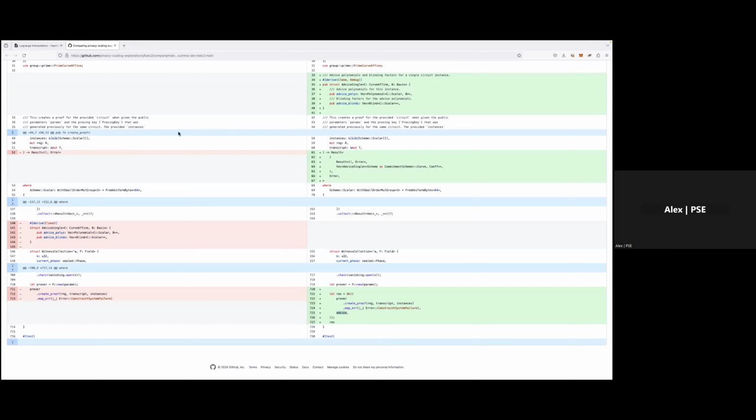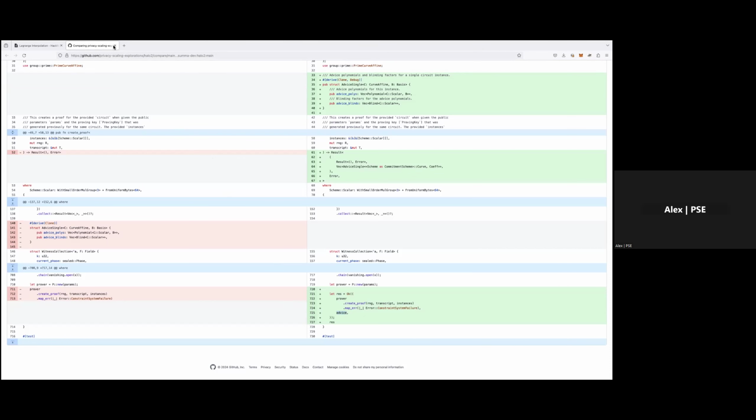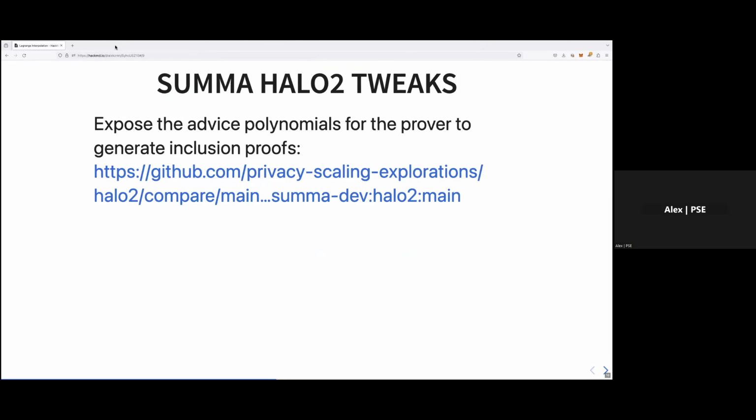So this was the only modification we had to make to Halo2. And then when the prover has the advice polynomials at hand, the prover can generate the KZG openings for any points in those advice columns.